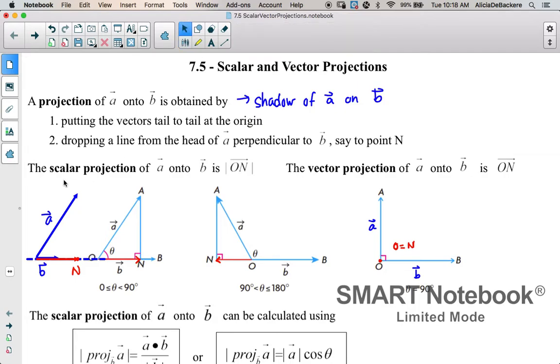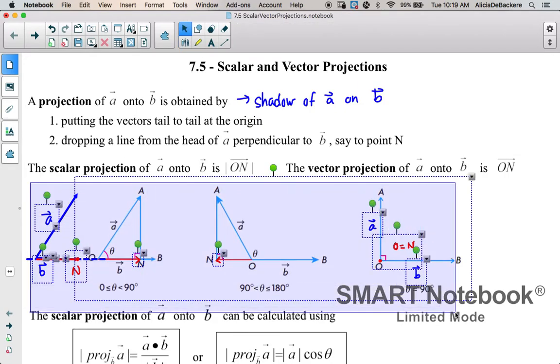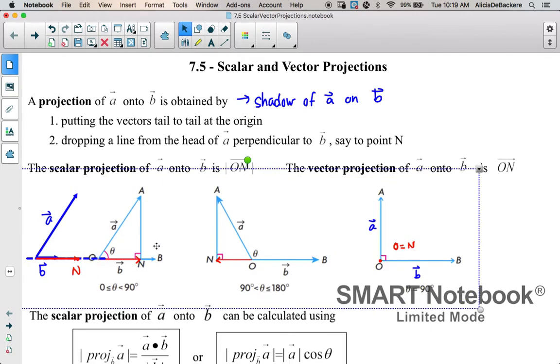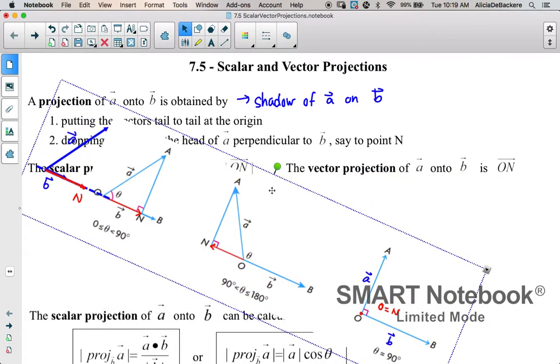Now, all of these pictures that we've drawn, we've drawn as if B is horizontal, but that's not necessarily true. All of these pictures are true here as well. If I'm projecting A onto B, I'm just dropping down to B at a 90-degree angle. B doesn't have to be horizontal.